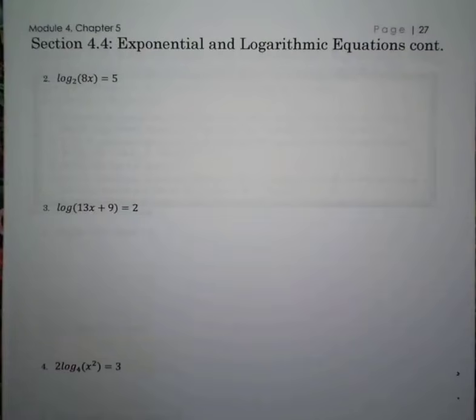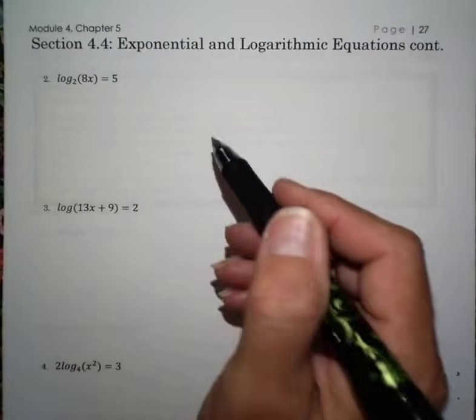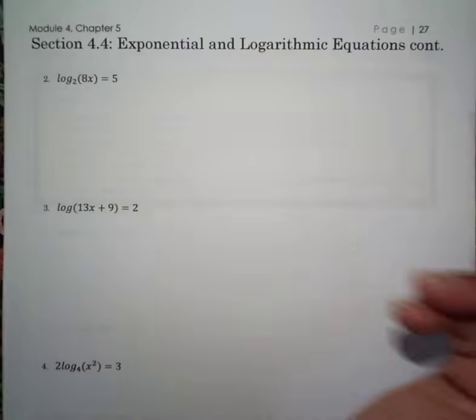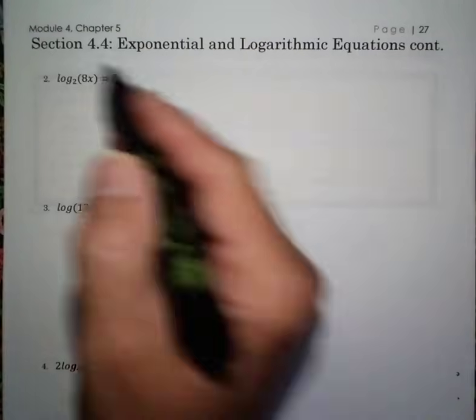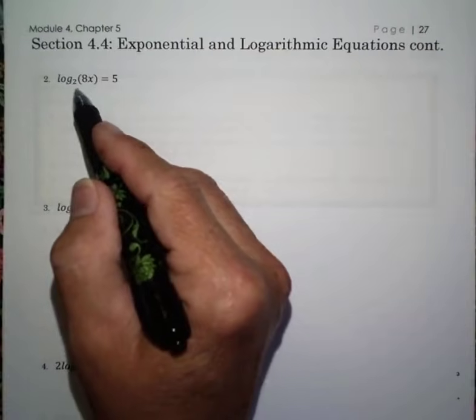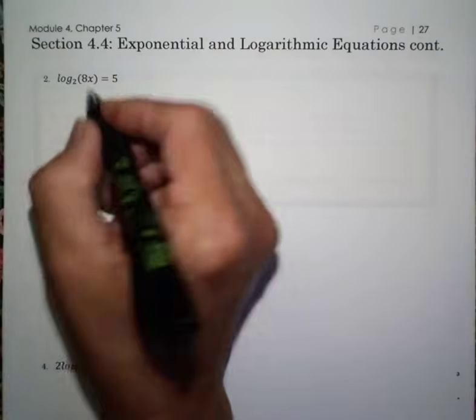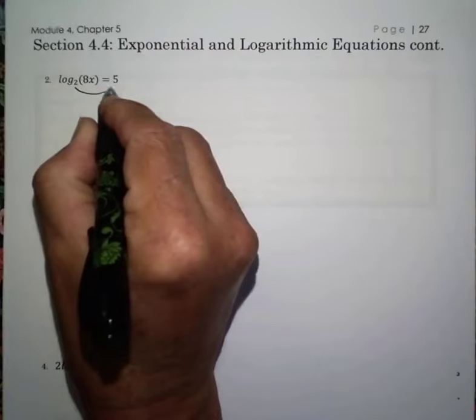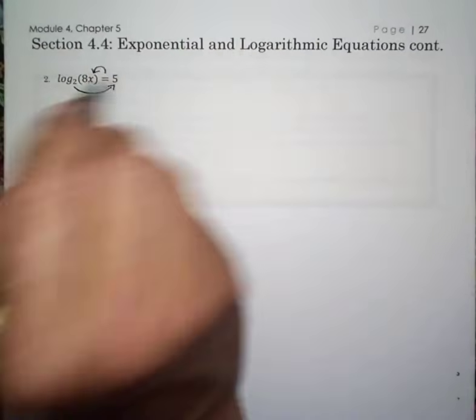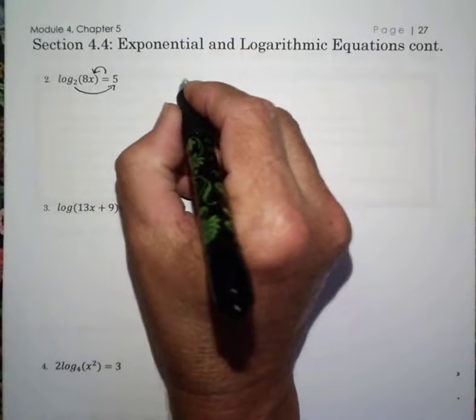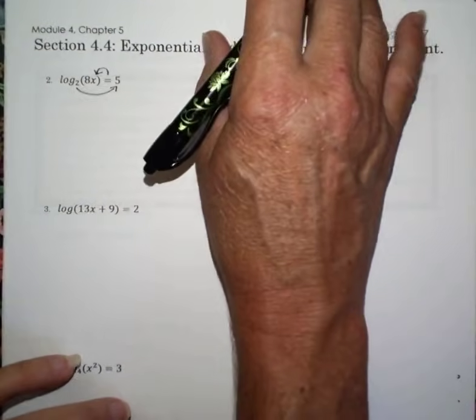Now let's try a few more of those. I've already got them in log format. I'm going to change them over and switch them to exponential format to see if they're easy for me to solve, because I've only got the log on one side here, right? So I'm going to say this is 2 to the power of 5, and that's going to equal 8x. I'm just going to use my circular format to help me put it in exponential format.